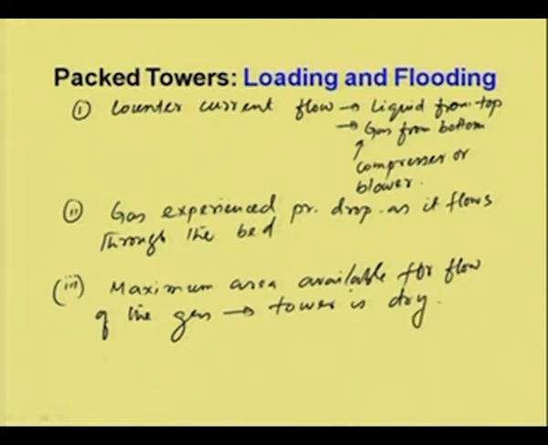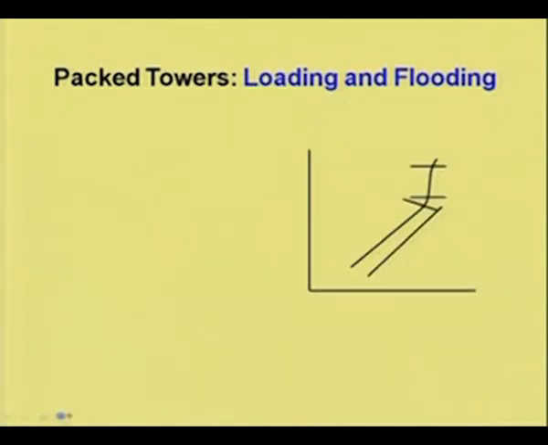That means there is no liquid throughput. In this case, if we plot log delta P versus log G dash, the pressure drop for dry bed increases linearly with the gas flow rate.